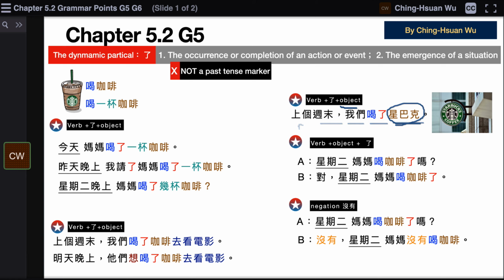If your object is a proper noun, you don't need a measure word either. You don't need to say 喝了一杯星巴克, although you are able to, but you don't have to. These two examples here are to show you when you have a chance not to use a measure word.